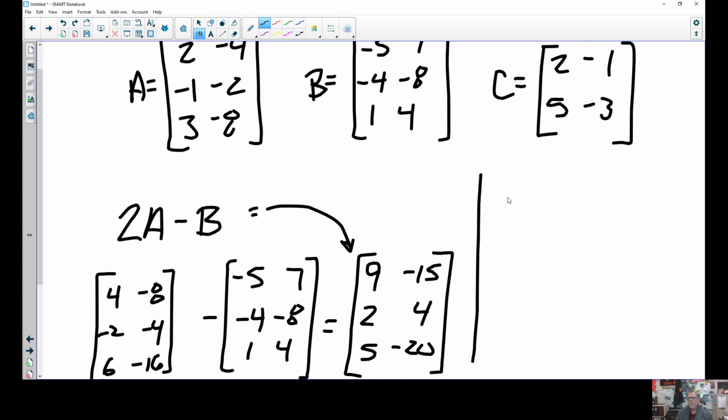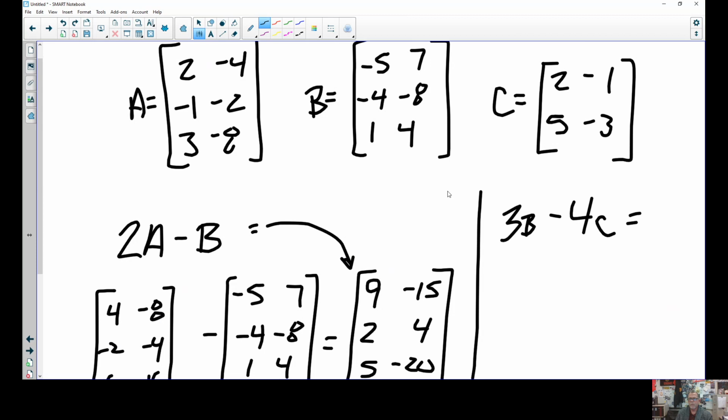Let's do 3B minus 4C. So we could look at this and say, all right, I'm doing 3 times B, this is my B matrix, minus 4 times this matrix. So I'd multiply each of these by 3 and each of these by 4. But before I get that far, I hope all of you are trying to point out something to me.